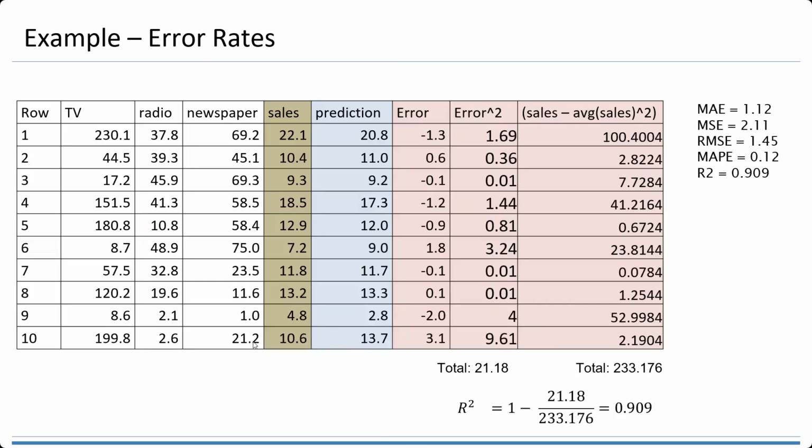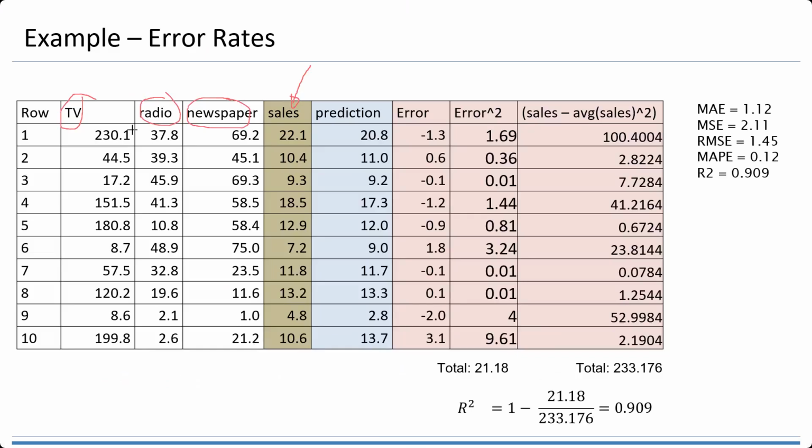How can we measure the error rates? You already know we have the TV, the radio, the newspaper, and the sales. Let's say we have the model that you saw before from the regression.